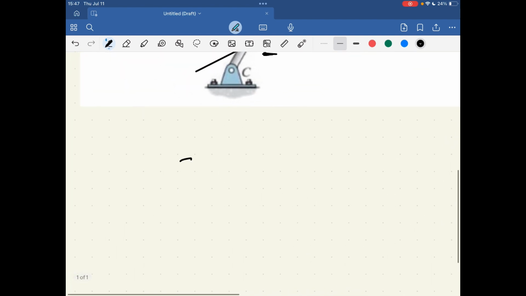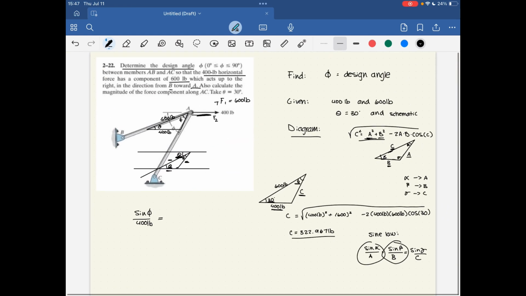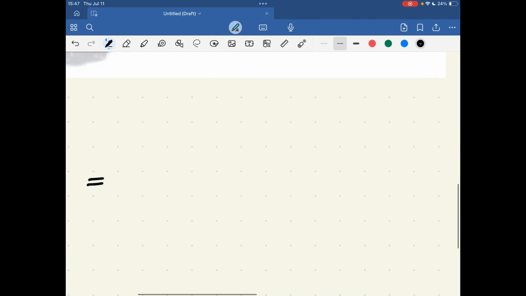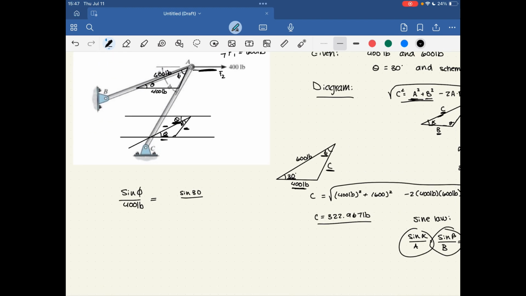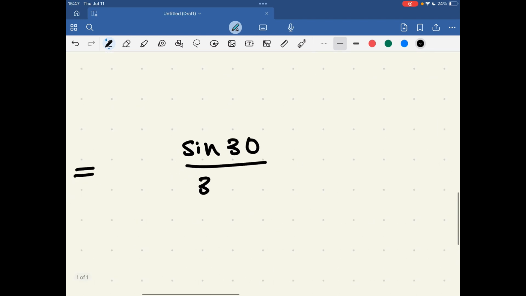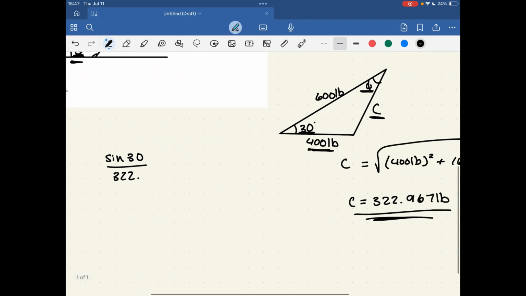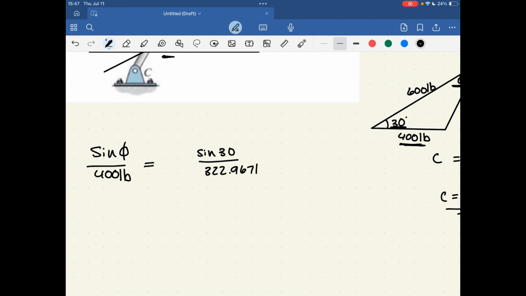Let's say sine of phi divided by 400 pounds equals sine 30 divided by this number here, 322.967 pounds.